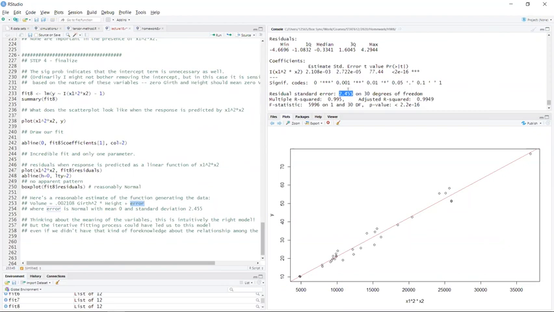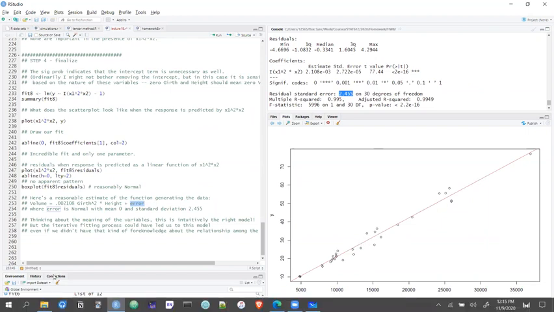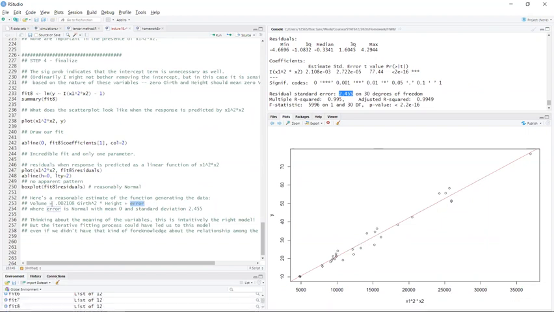So this is an estimate of the standard deviation of the normal errors that produced this data. All right, so volume equals 0.002108 times girth squared times height plus an error, and the error is normal with mean 0 and standard deviation 2.455. I just read it off from right there.